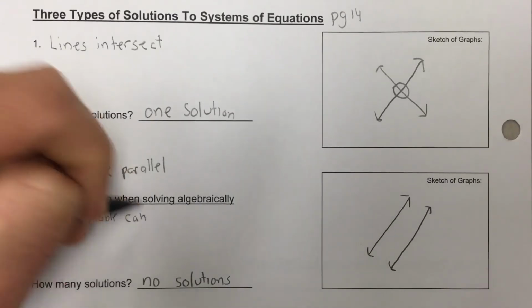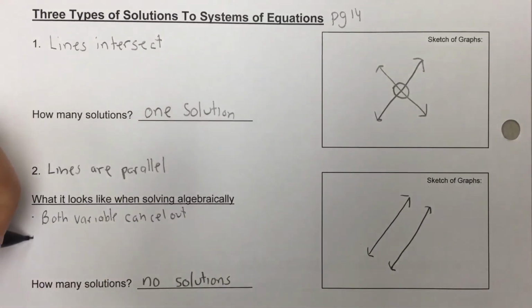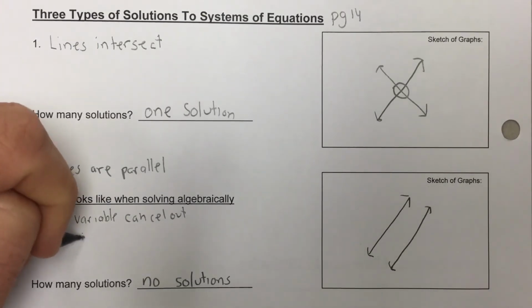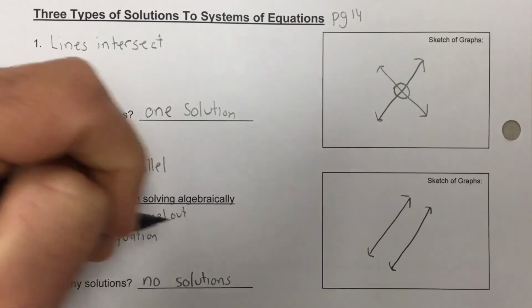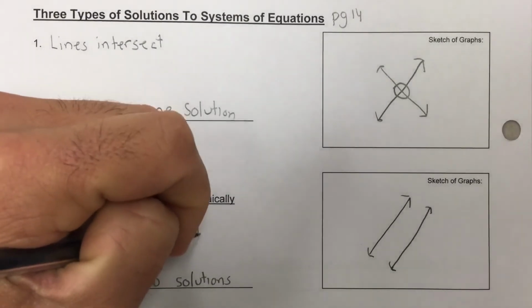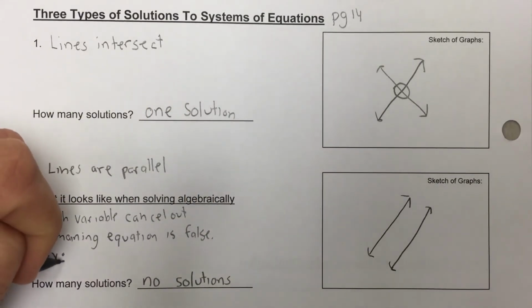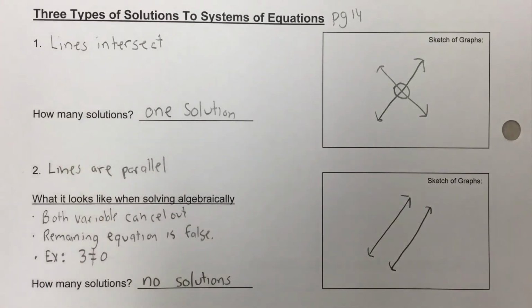So like the x and y's will both cancel out, and the remaining statement will be false, or the remaining equation is false. So you will get something like this: 3 equals 0. 3 does not equal 0, and if you get a false statement, then you know it is no solution.